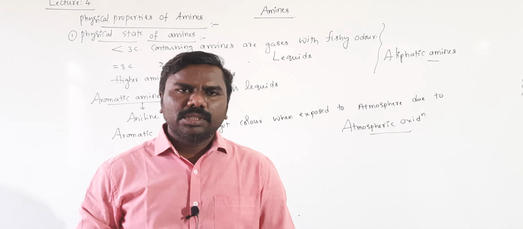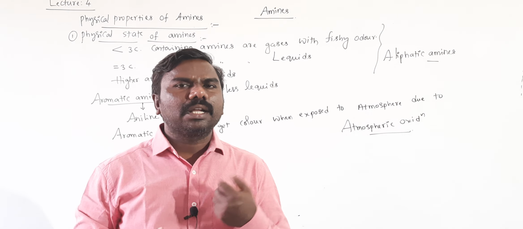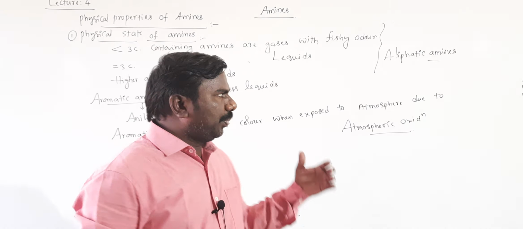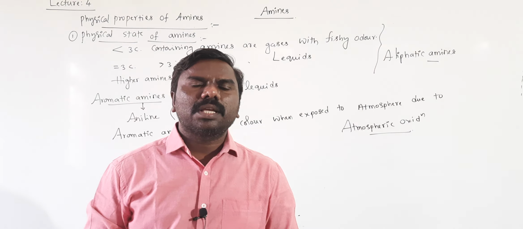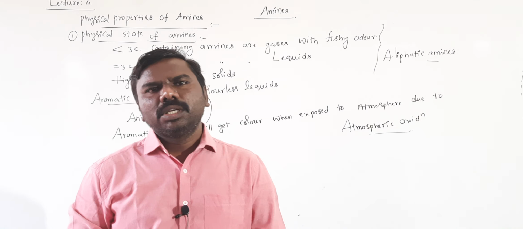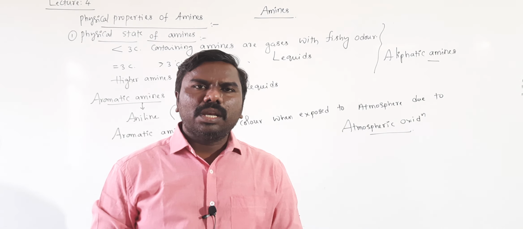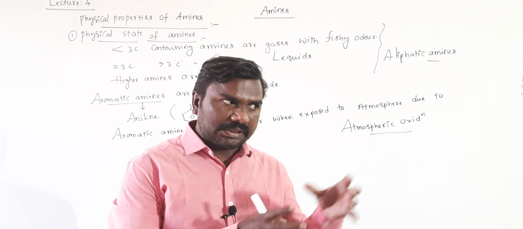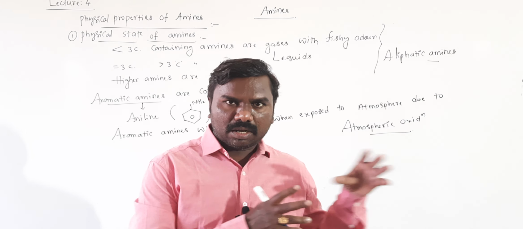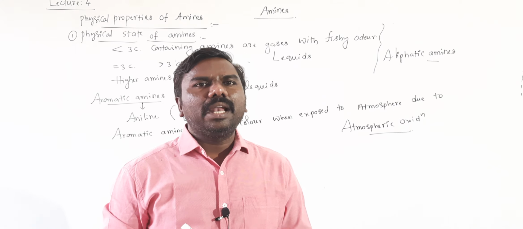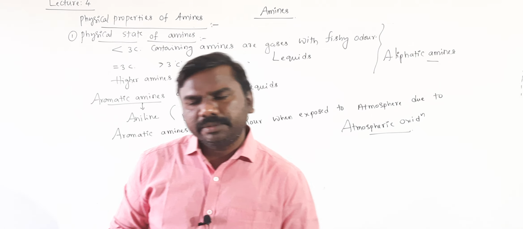Getting, students? So they will be oxidized and they will get color. Pure aryl amines are colorless, but when exposed to atmosphere, they will get color. So in the laboratory also, aniline you can observe is yellow in color because it is in contact with the sunlight, then oxidized. That's why it is a pale yellow compound. Right? Next.